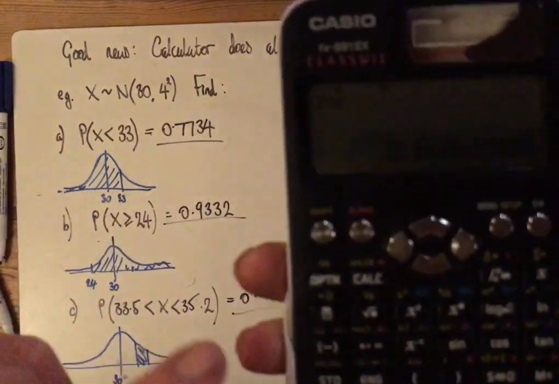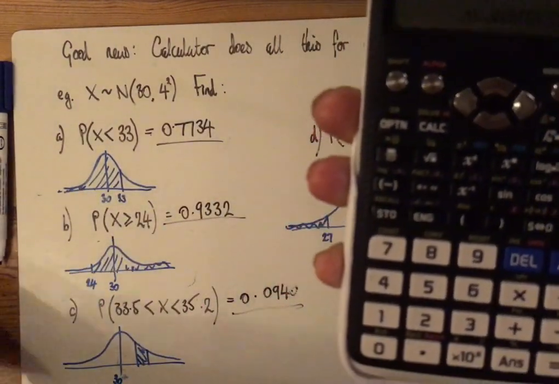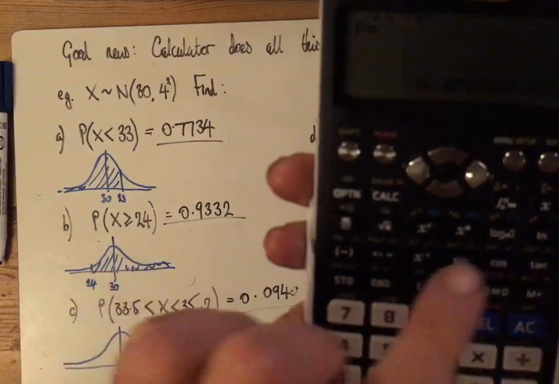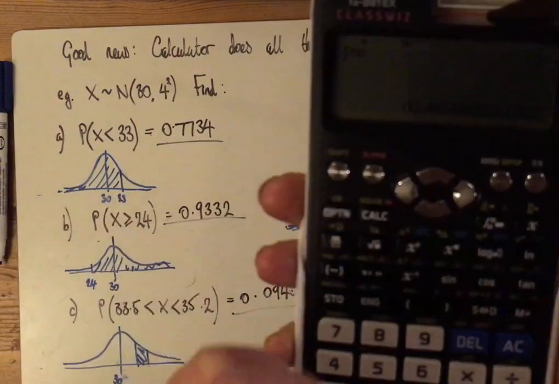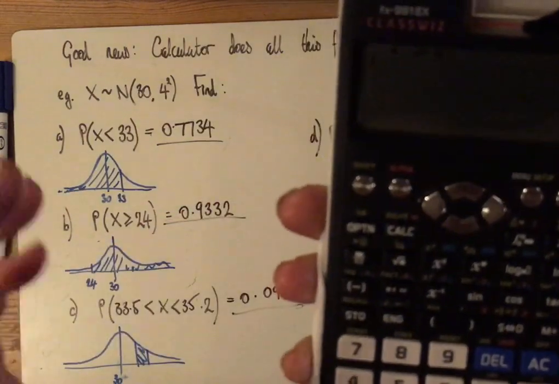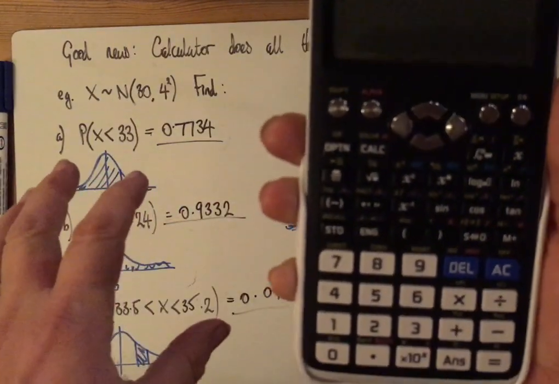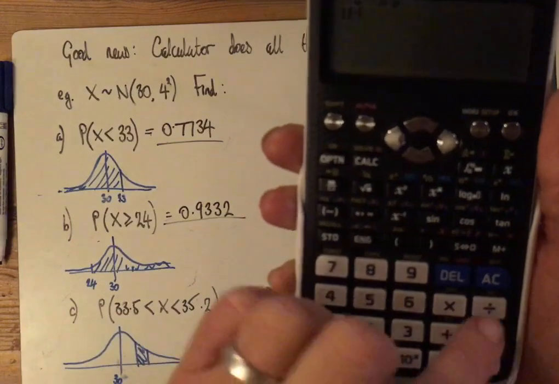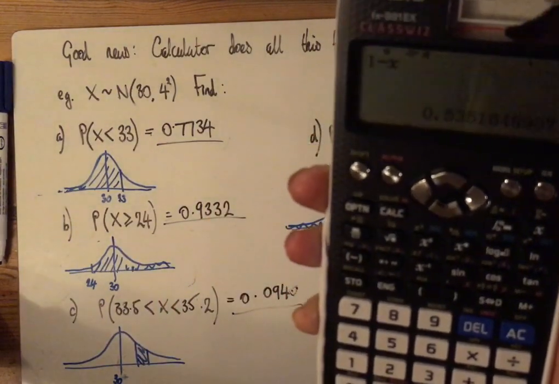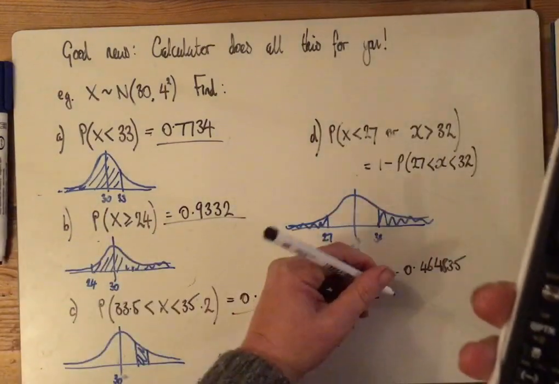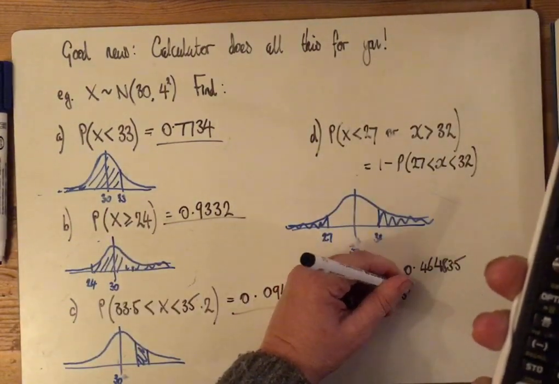So what you can do with that value is you can store it. So you can press store X, and that will store it to X. Then I can do menu 1, it takes me back to my calculator menu, and then do 1 minus X, and I get 0.5352 to 4 decimal places.